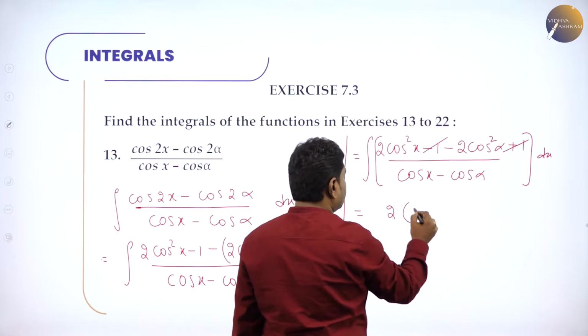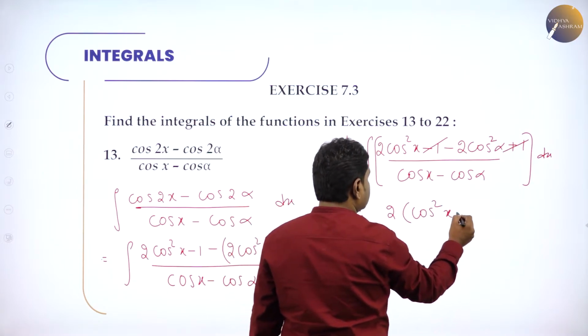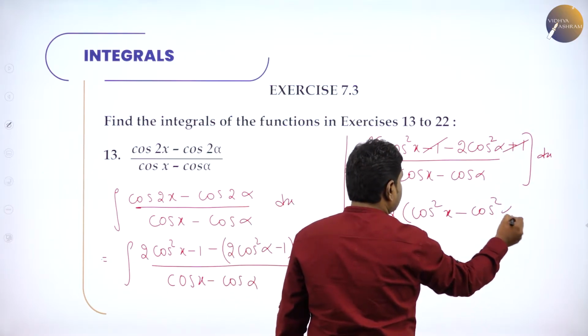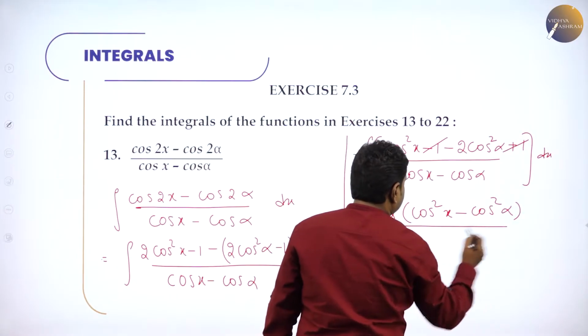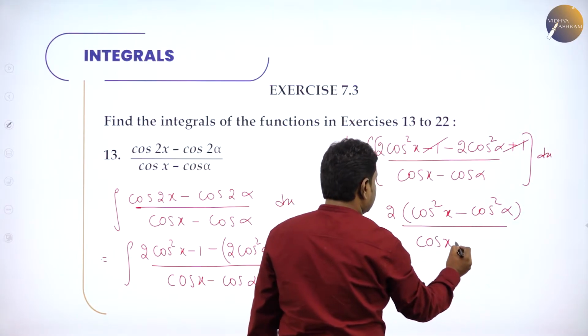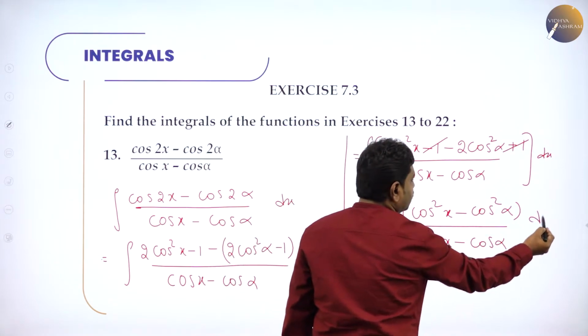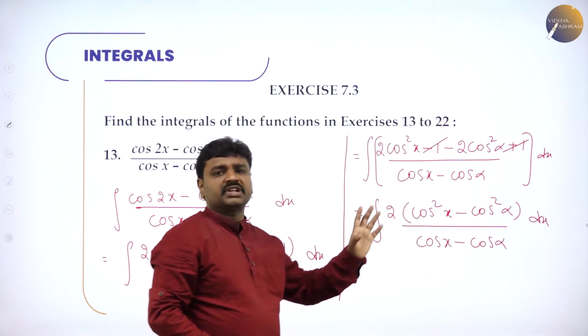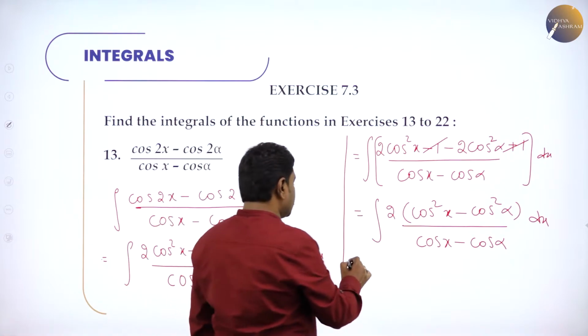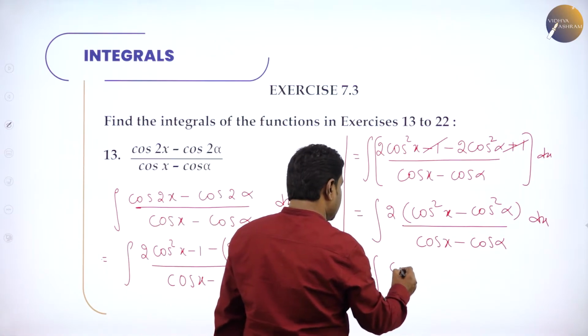If I take 2 common, I will be left with cos square x minus cos square alpha divided by cos x minus cos alpha. Here you can observe we have still not integrated, we are just simplifying. The numerator is in the form a square minus b square. All of you know a square minus b square can be written as a plus b into a minus b.